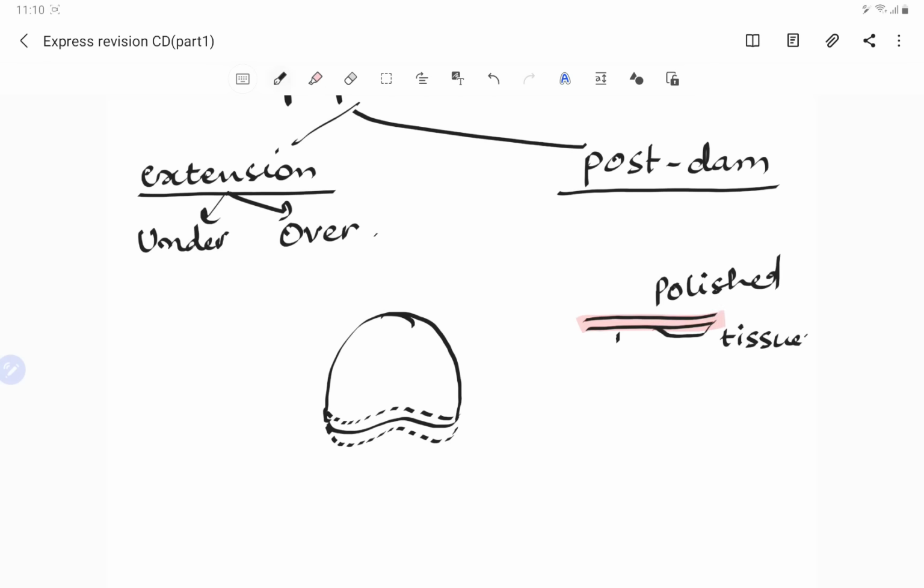Now, if there is over post damming, that means I have compressed the tissue more. Under means there is going to be less tissue compression. So this is over and this particular one is under.